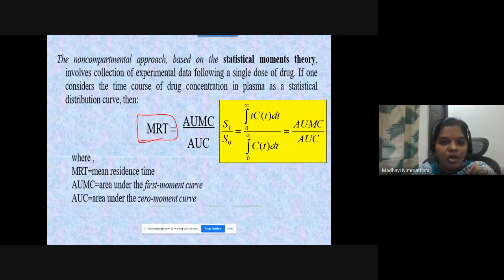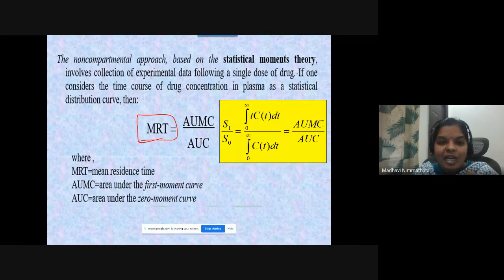There is a non-compartmental approach which is based on the statistical moment theory. You inject the particular drug molecules at a constant dose into your body. The molecules will have some distribution on the basis of statistical moment theory, right? So how can you analyze the mean residence time of that particular drug molecule?